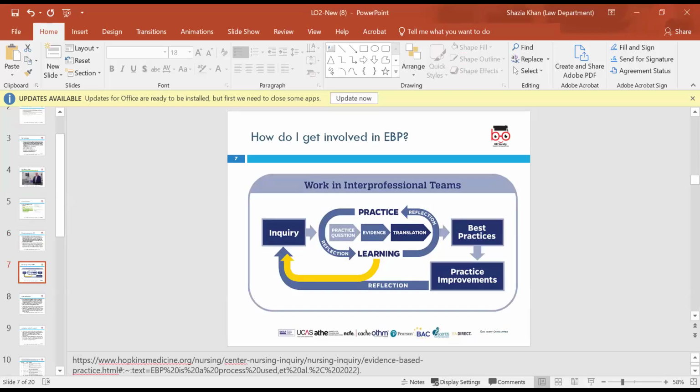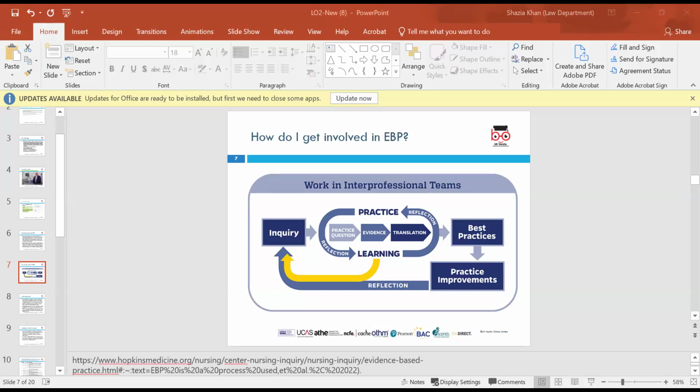So how do I get evidence-based learning? You should start by learning the fundamental steps: asking a focused question, finding relevant evidence, integrating it with clinical expertise and patient preferences, implementing findings, and evaluating outcomes.